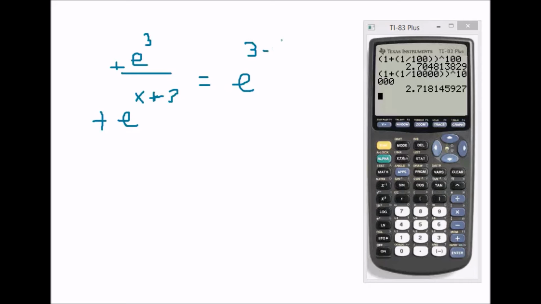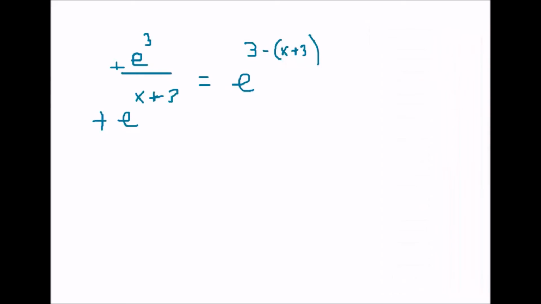You can't just subtract the 3, because you have to subtract the whole exponent. 3 minus the quantity x plus 3, which is going to be e to the negative x. And we'll never write a final answer with a negative exponent, so you guys know to flip this over. We have 1 over e to the x. That negative sign just moves it to the bottom like this.